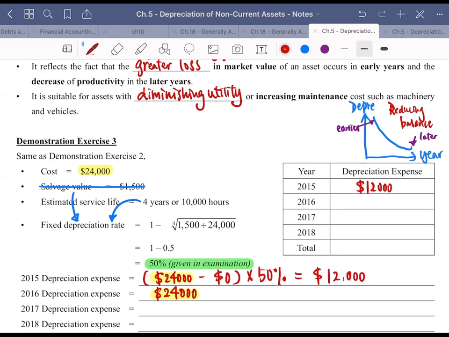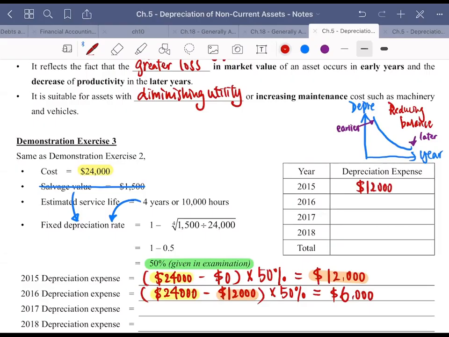Therefore, we are going to deduct this amount first, this $12,000 charged in 2015. After deducting the depreciation charged, we can multiply by the fixed depreciation rate again, which is 50%. So we get an amount smaller than the first year. In this case, it is $6,000.